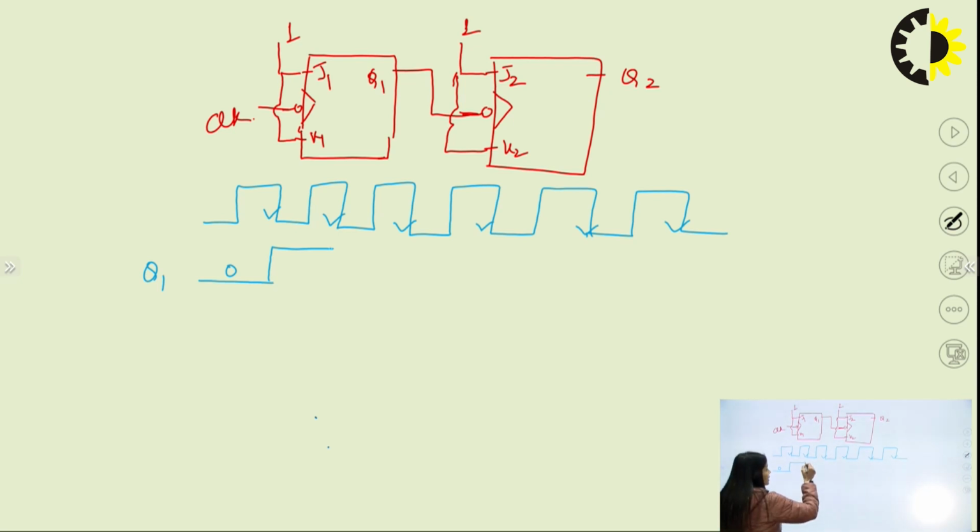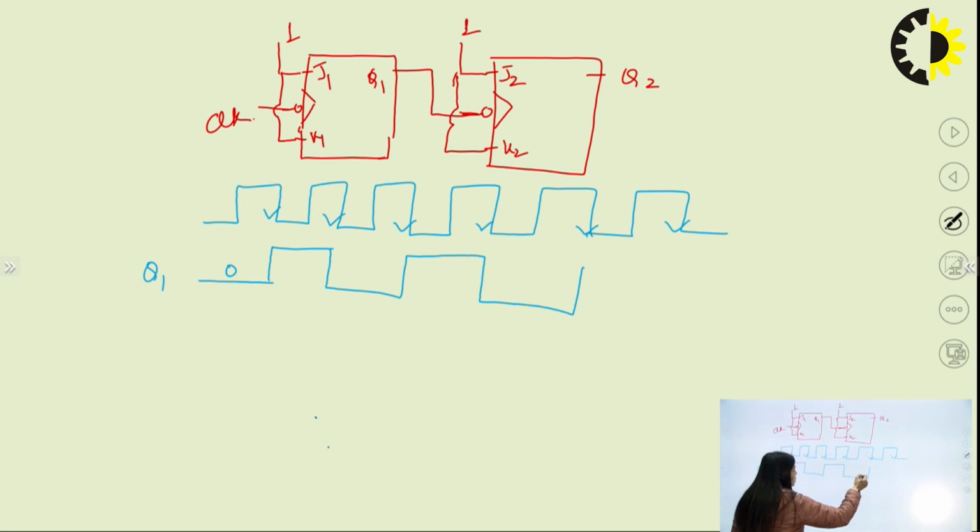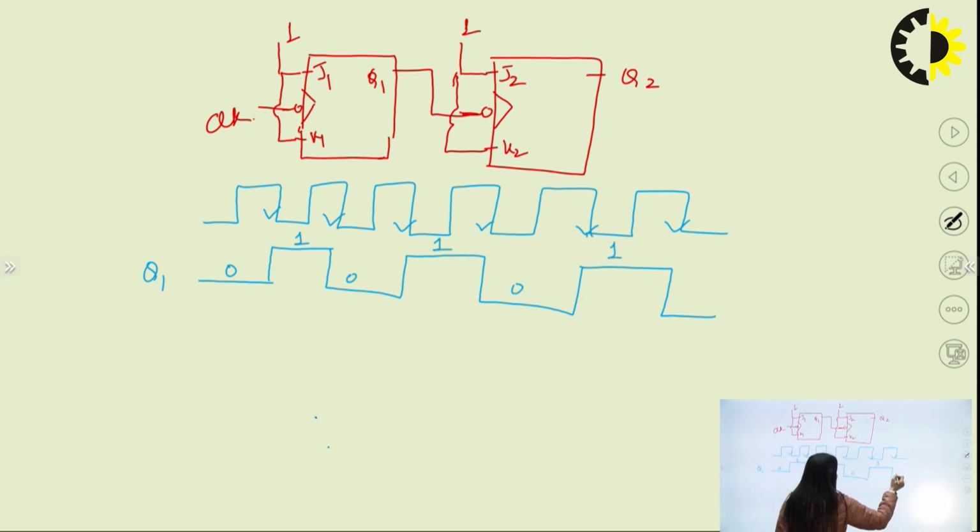Again at the negative edge this output will change, and every time it receives a negative edge, it will change. So 0 then 1, 0 then 1, 0 then 1 and 0, right. This is the output for the first flip flop. It is very simple. The output of the first flip flop will go like this, and then this output will be fed to the second flip flop, the negative edge triggered circuit.